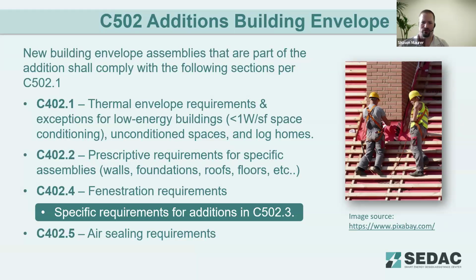C402.2 as far as prescriptive requirements for assemblies for walls, foundations, floors, fenestration requirements in C402.4. There are some specific notes about fenestration in C502.3 that we'll get into that provide a little bit of leeway for an existing building. And then your air sealing requirements for the envelope as well.